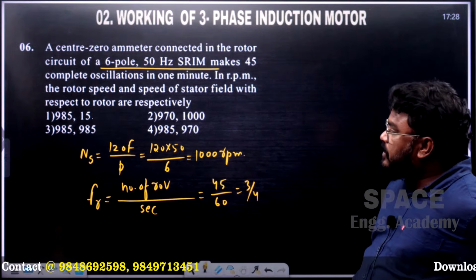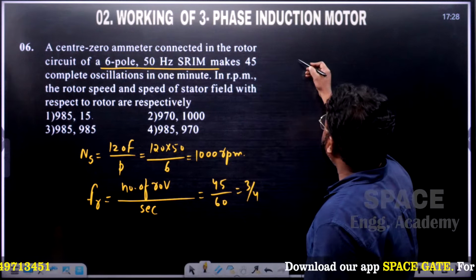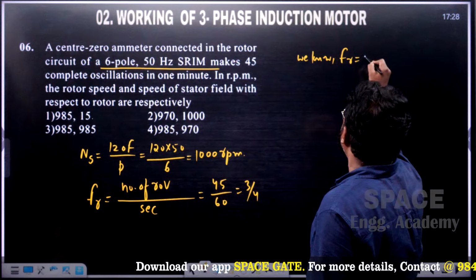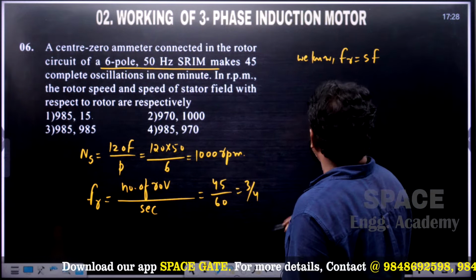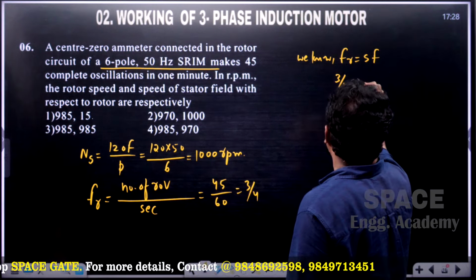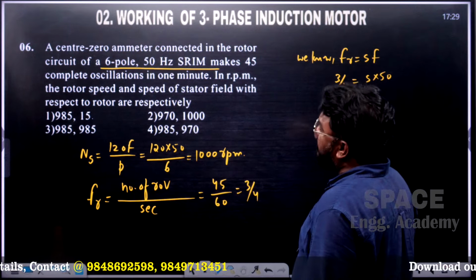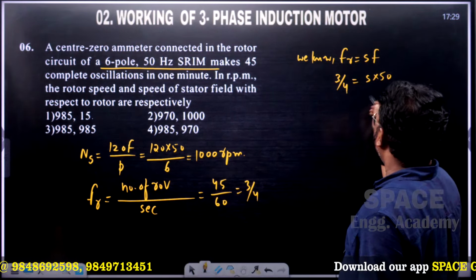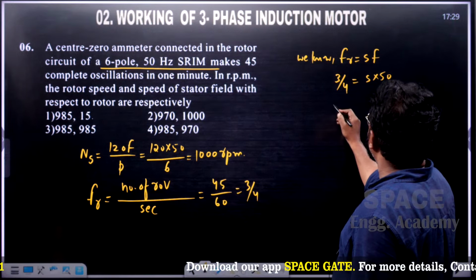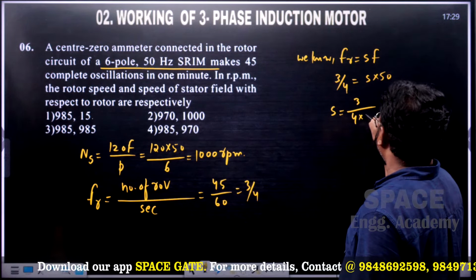We know the rotor frequency, and the supply frequency is also given. We know rotor frequency fr is equal to slip times the supply frequency. So fr is equal to 3 by 4, equal to slip s multiplied by 50, where the supply frequency is 50 Hz. Now s is required, so s is equal to 3 divided by 4 into 50.